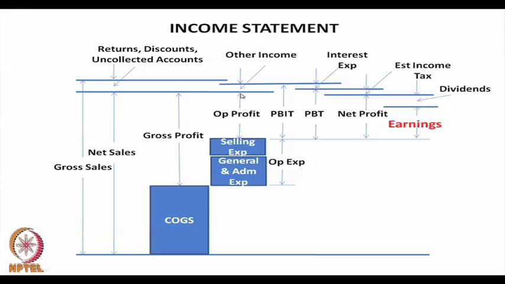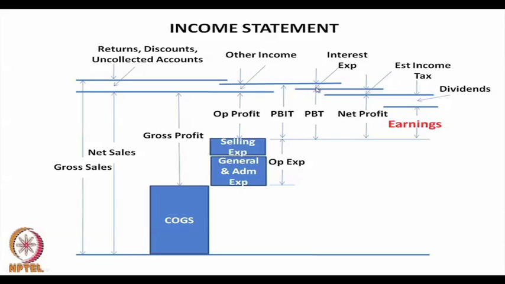Recall that the company might have invested idle cash in certain other companies. This is not this company's job in particular, therefore it is not part of the operations of this company, but nevertheless it is income from other investments that the company might have made. So, this is added to the operating profit. What we get is profit before interest and taxes.